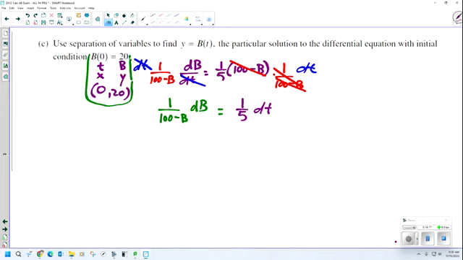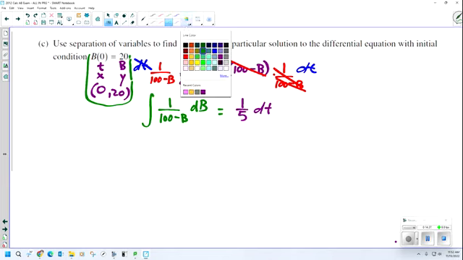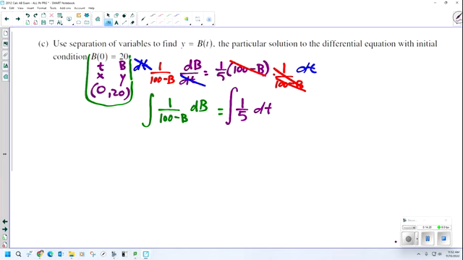Okay. I need to integrate both sides to get rid of those dummy variables. Integrate this side. Integrate this side. This is the easier one. That's just 1/5 C. Well, actually, I lied. My variable is t. 1/5 t plus some constant.